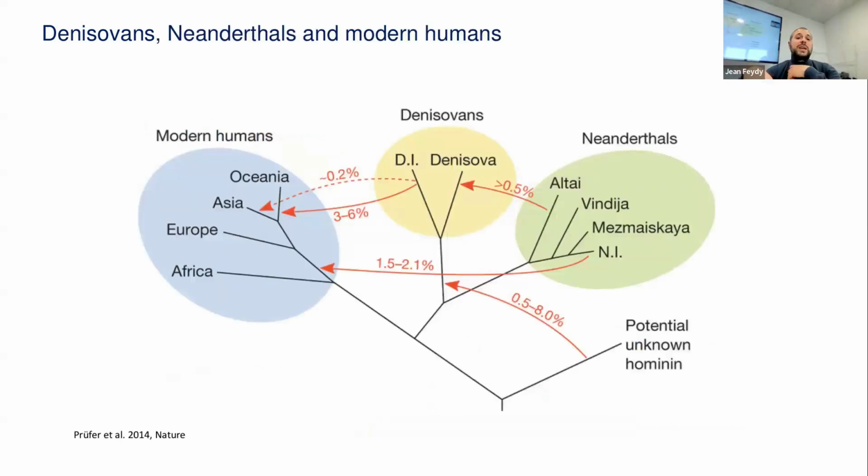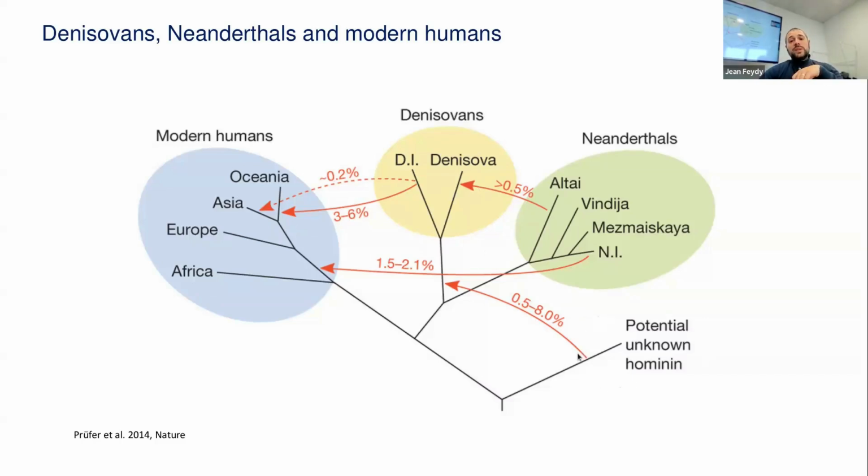And thanks to genetics again, including the analysis of modern populations, first we know that Neanderthals and Denisovans exchanged genes. We even have the evidence from a hybrid. But we know also that Neanderthals contributed to modern human populations in Eurasia, and that Denisovans contributed to modern populations in Asia, mostly in Southern Asia and Oceania.